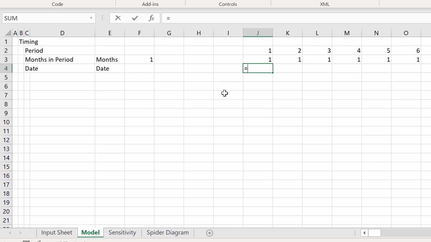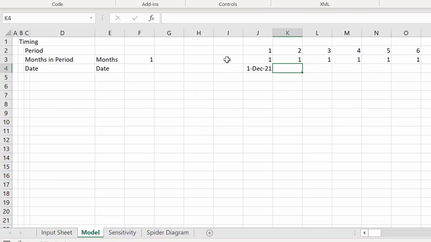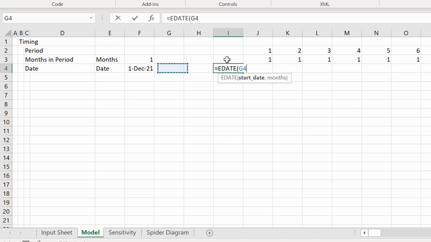And let's make the very first date the transaction date. I suppose it would have been better to do it like this, perhaps, and maybe put an E date here, comma, minus this one, perhaps, Shift Control 3. We don't really have to do that.